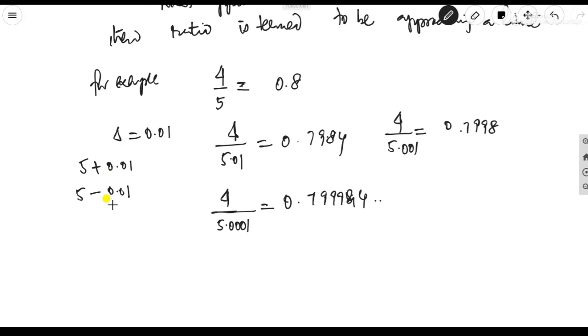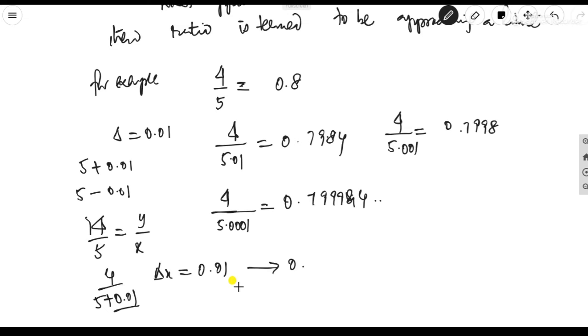Here in this example, 4 by 5, this is y and this is x. Now 4 by 5 plus 0.1. This delta x is equal to 0.1, right? Now this is approaching 0. That means the delta x can be like 0.001 or it can be 0.00001. So it is approaching towards 0. Then what is the value of this ratio?